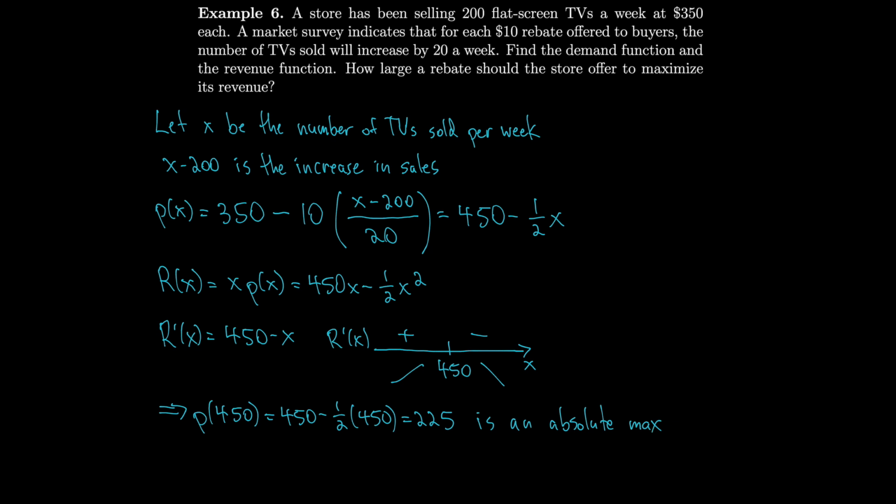So that's how much we should price the units in order to make the most revenue. We want to know how large a rebate they should offer. So the rebate is the difference between the original cost, which is $350, and the new discounted price, which is $225. So they should offer a $125 rebate.